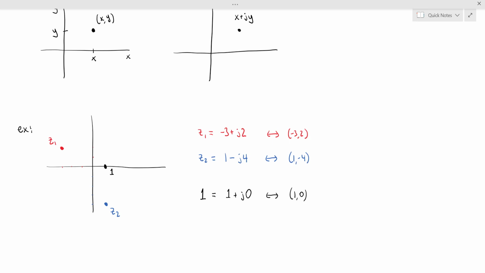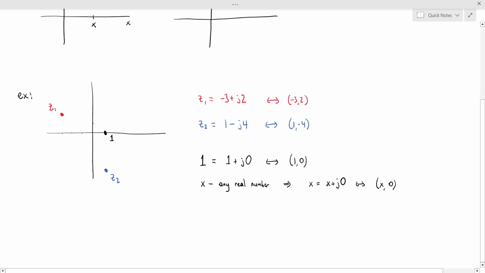And similarly, if x is any other real number, we can think of x as being complex by writing it as x plus j times 0. So that will correspond to the point x0, which would be a point on the x-axis. So here we see that the points on the x-axis represent the real numbers.